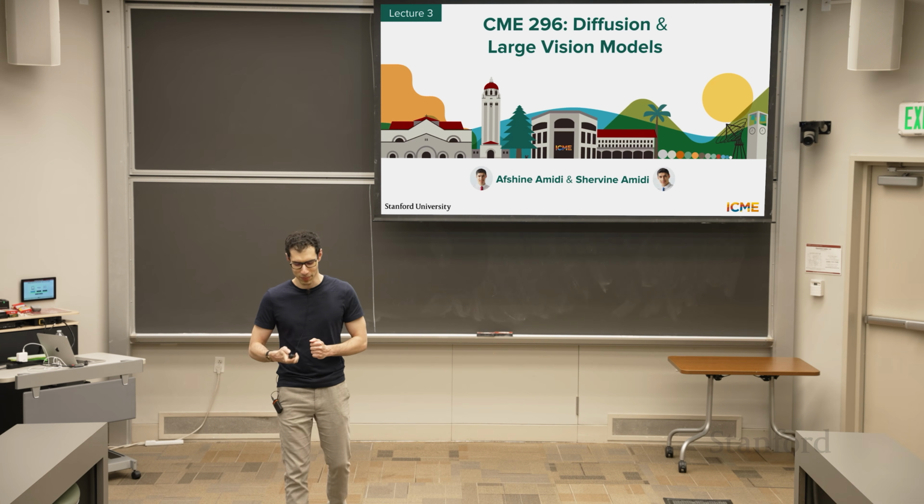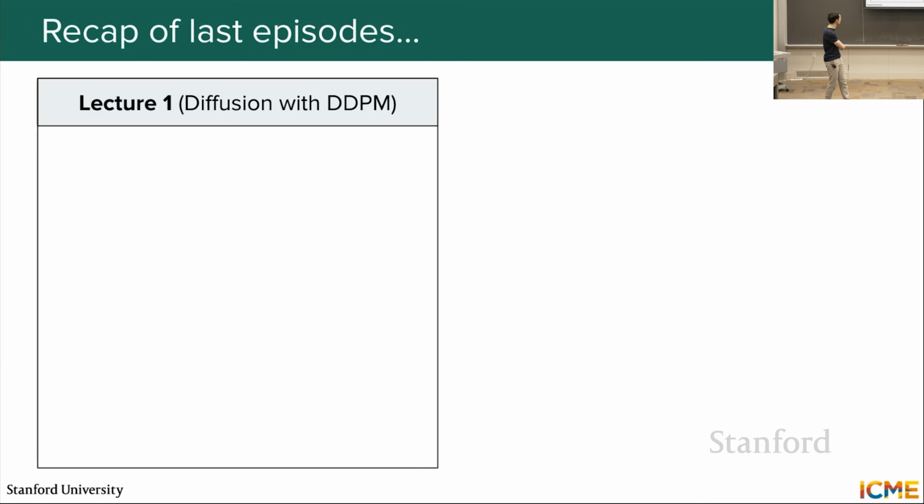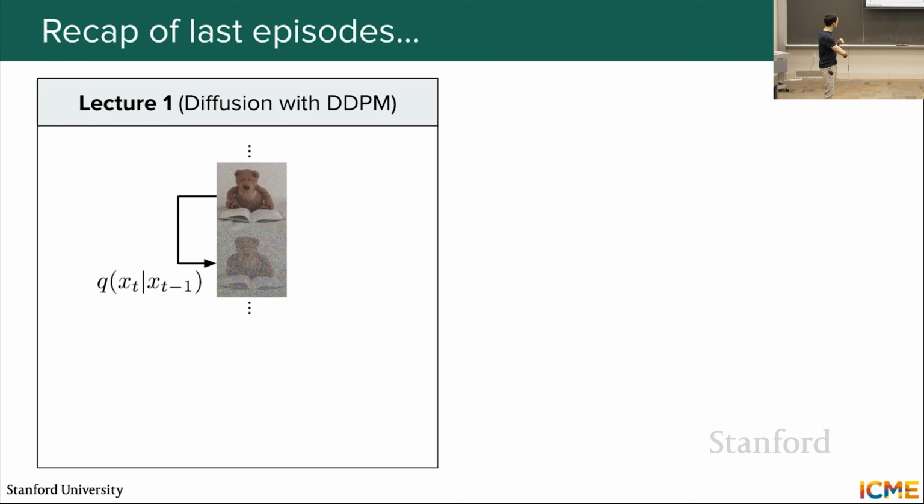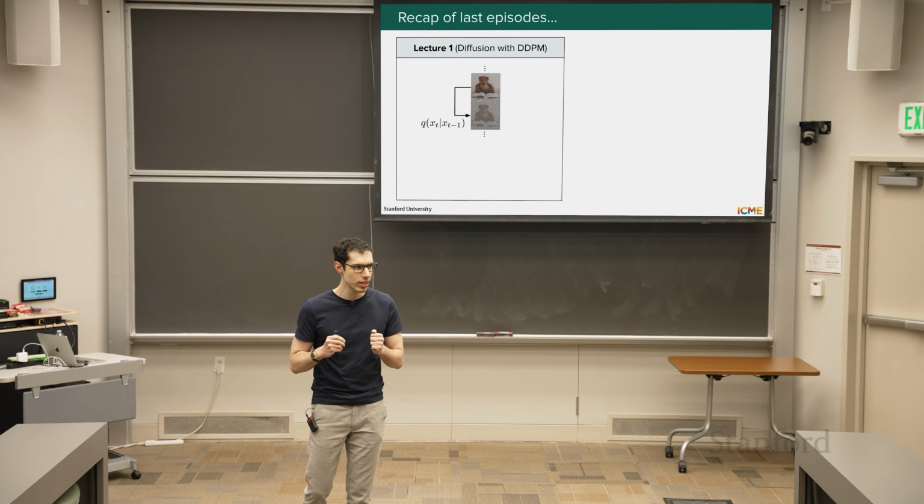As usual, we're going to start the class with a recap of the last episodes. In lecture 1, we saw how we could generate new samples. The way we thought about doing that was taking images from our training set, which we named clean images.